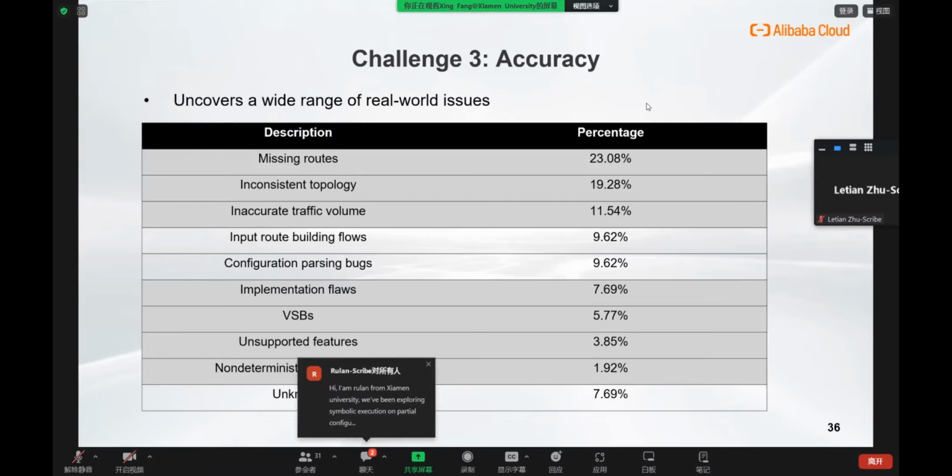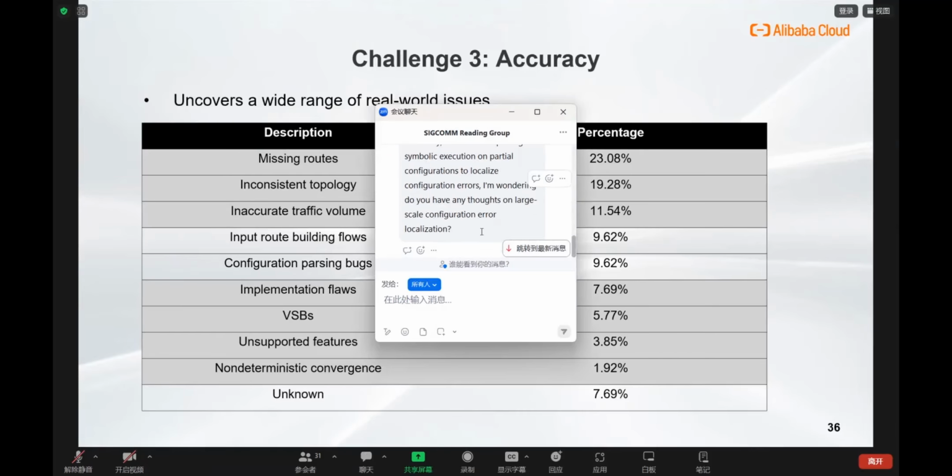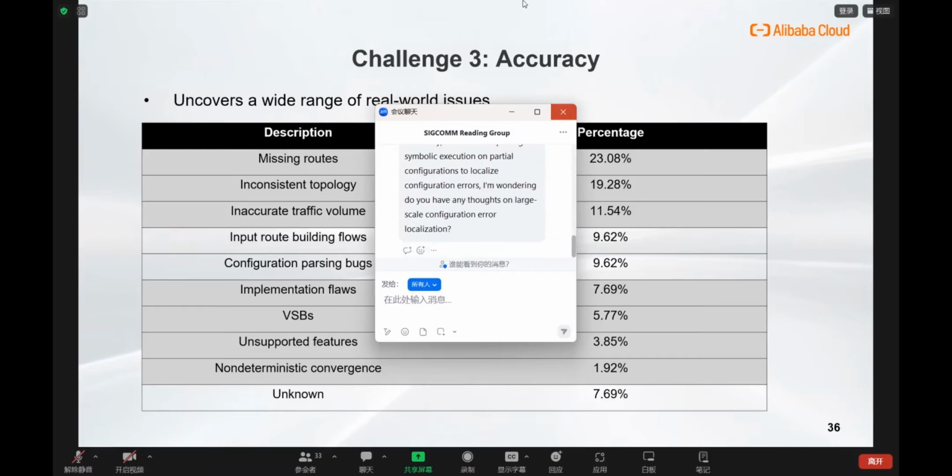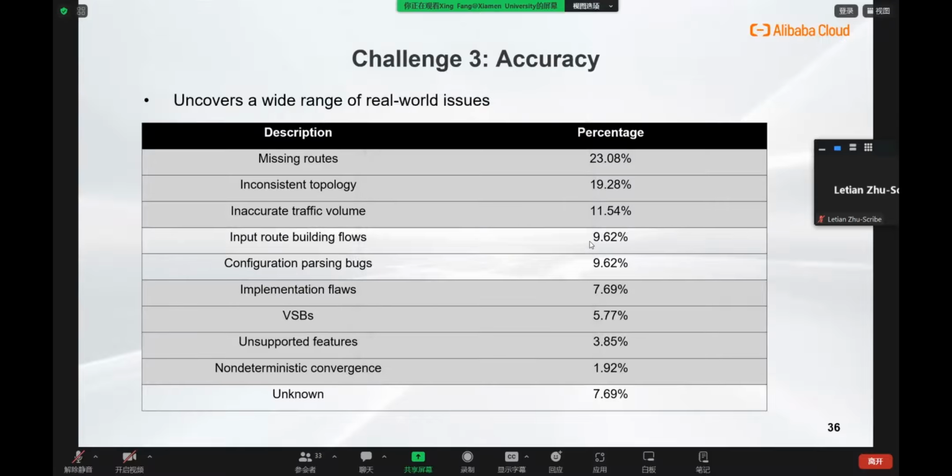Roland, do you have any comments on that? You have been working on this for a while, right? Yeah. I've been working on configuration error localization for the past two years.